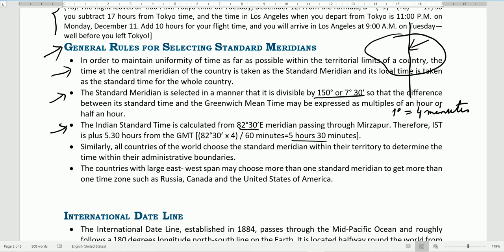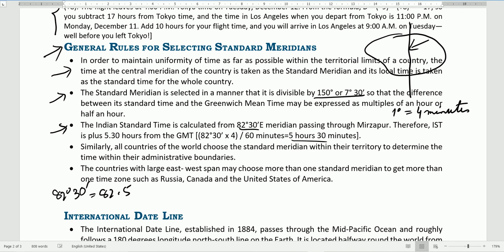So 82 degrees 30 minutes can be taken as 82.5.